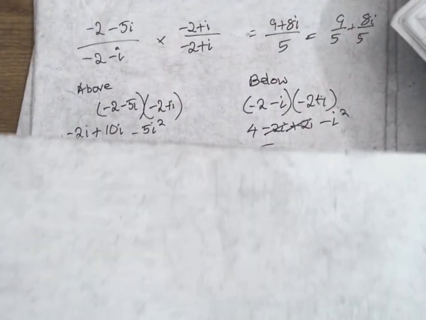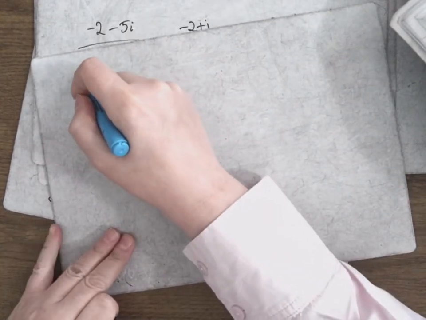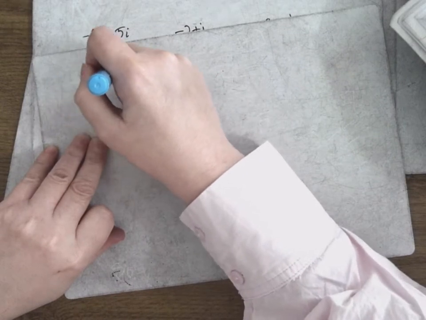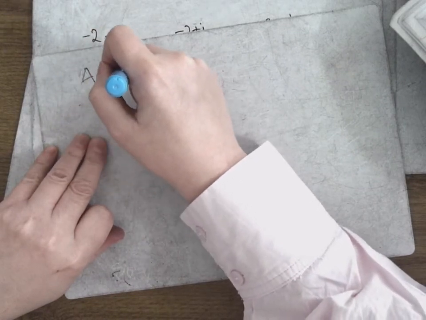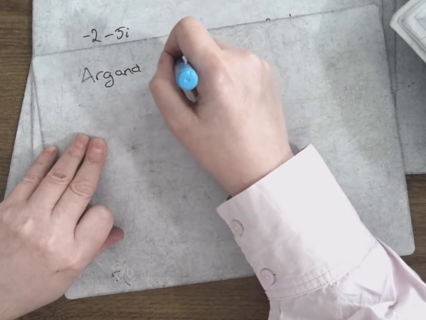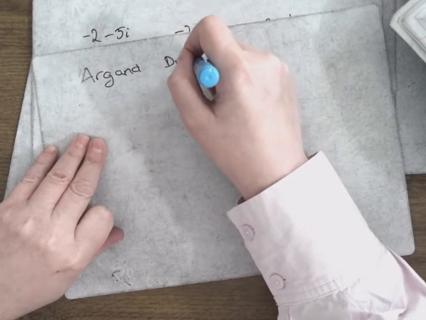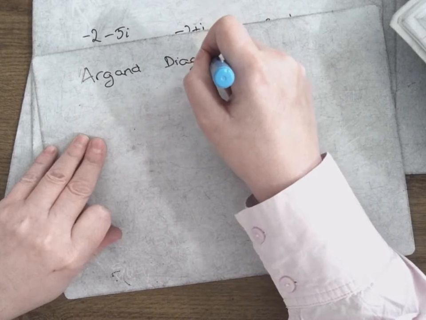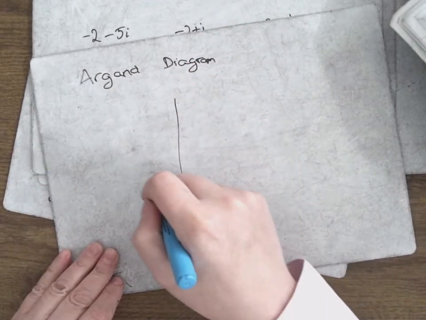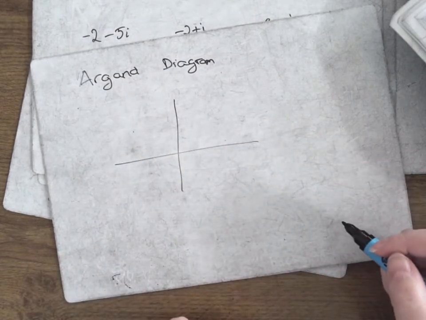And an Argand diagram sounds really complicated, but it's not. So it's called an Argand diagram, and it's basically a graph. Right, so when we were drawing graphs before, what was the horizontal line called?